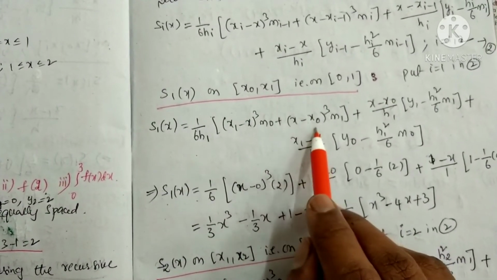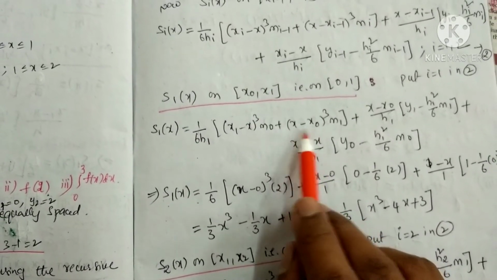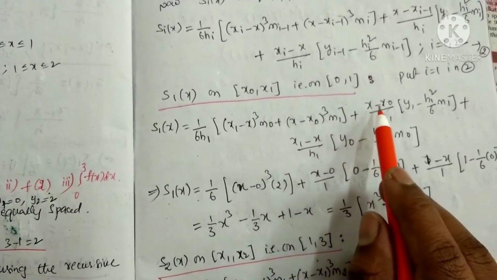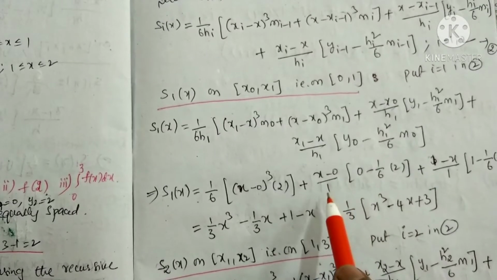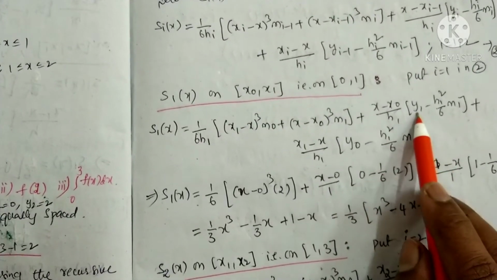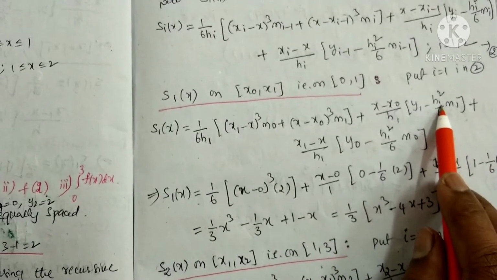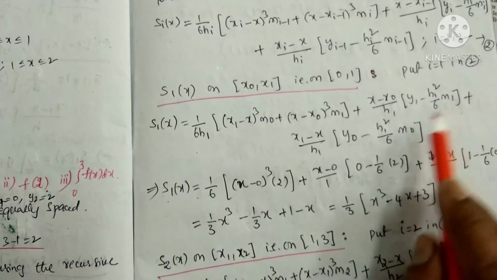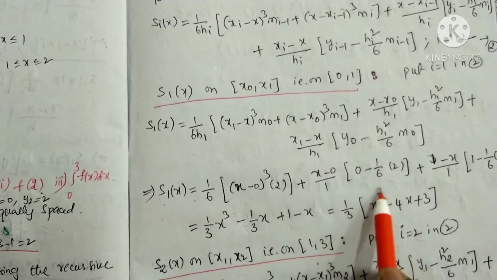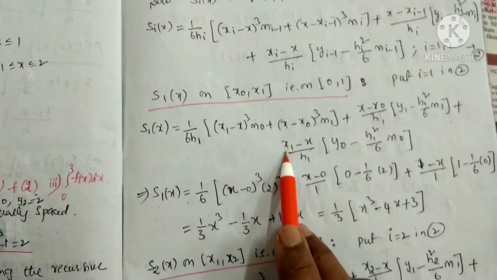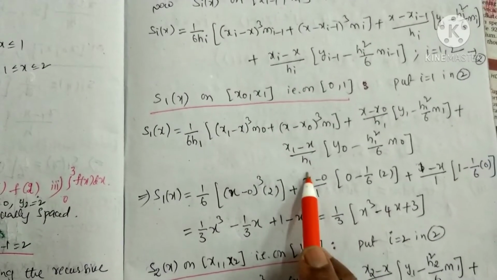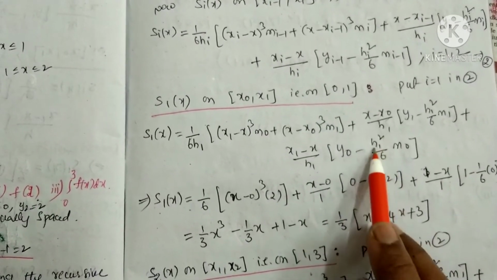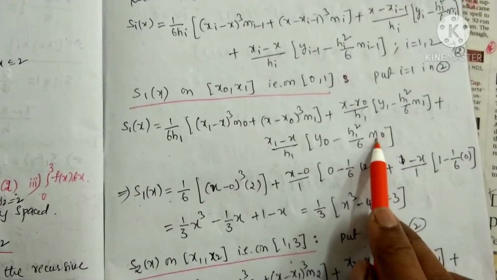And the next term is x minus x0, which is 0, so it is (x minus 0) whole cube into m1, which is obtained as 2, the term is over, plus (x minus x0 is 0) by h1 is 1 into (y1 is 0 minus h1 square is also 1 by 6 into 2), so (x minus 0) by 1 into (0 minus 1 by 6 into 2). The next term is (x1 is 1 minus x) by h1 is 1, (y0 is 1 minus h1 square is 1 by 6 into m0 is 0).